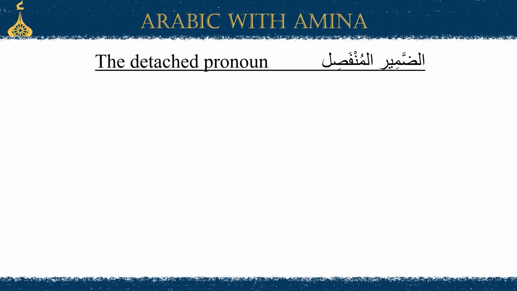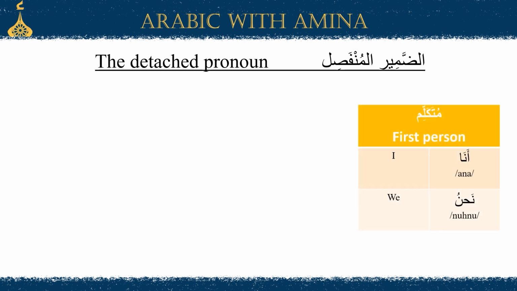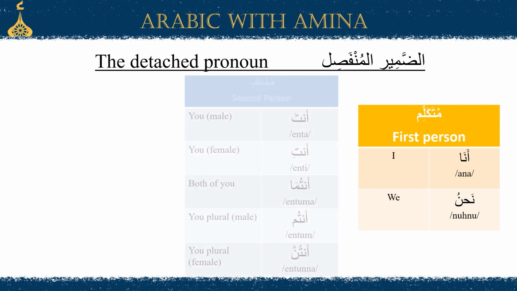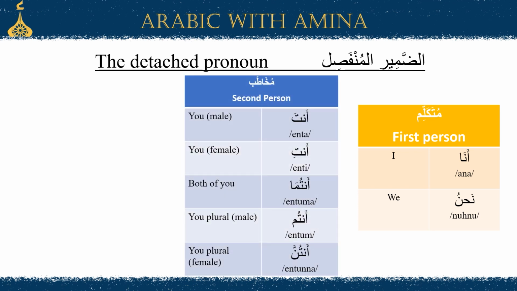So for a quick review, the first person could be ana in the singular form and could be nahnu in the dual or plural form. As for second person, if we are talking to a single person and is male, it'd be anta. A single female would be anti. Talking to two people, regardless of gender, would be antuma. Talking to a group of three or more, if male would be antum, and if female would be antunna.